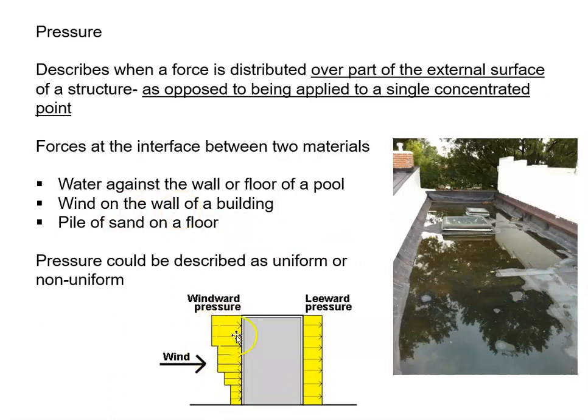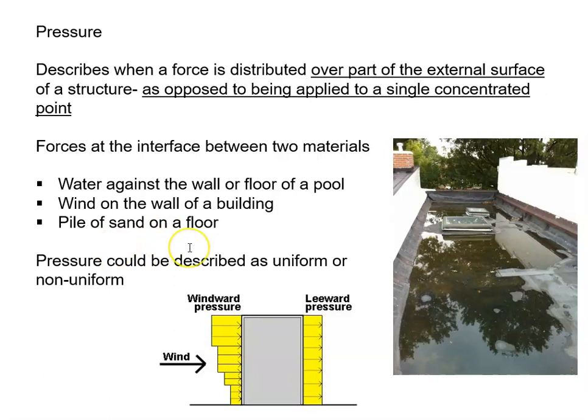So this is a common diagram for wind loading on a tall building, or any building for that matter. And so here's the wind pressure coming in yellow, and right where that yellow wind meets the face, the glass, or the wall, that's exactly where the pressure is occurring. Sand or anything, really any weight meeting a floor.